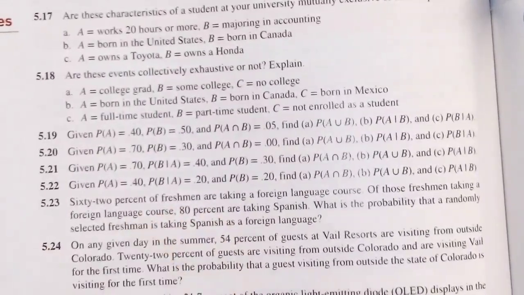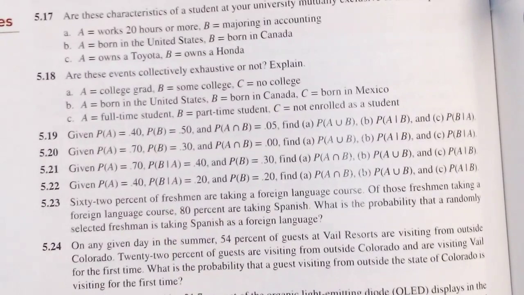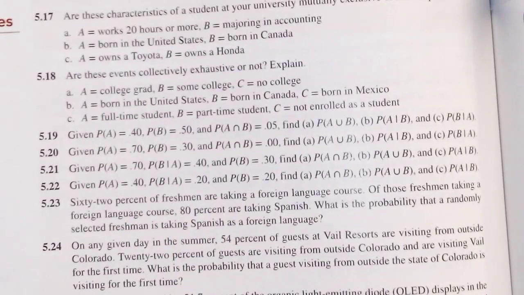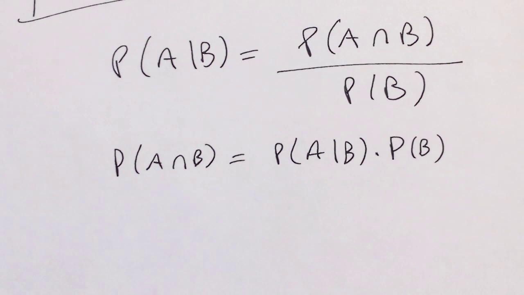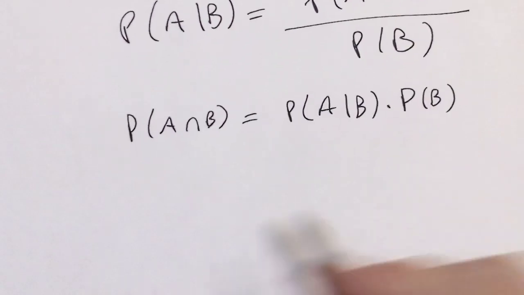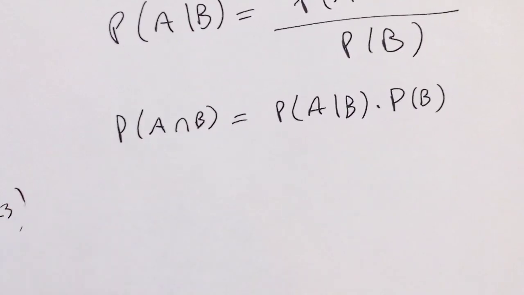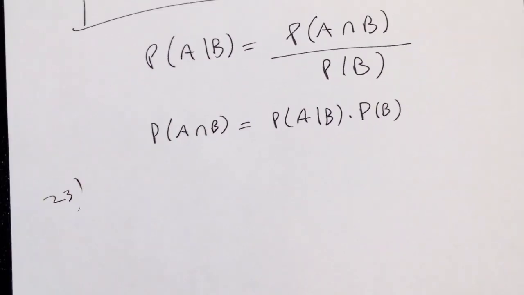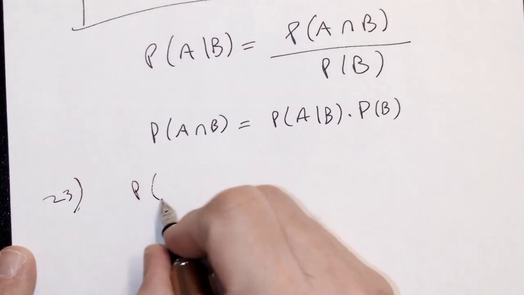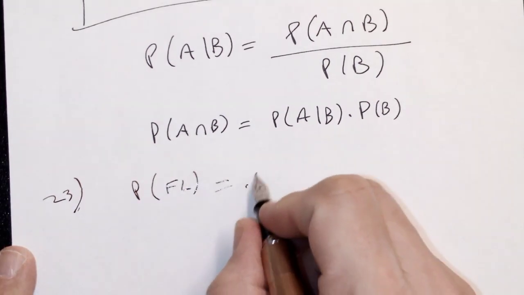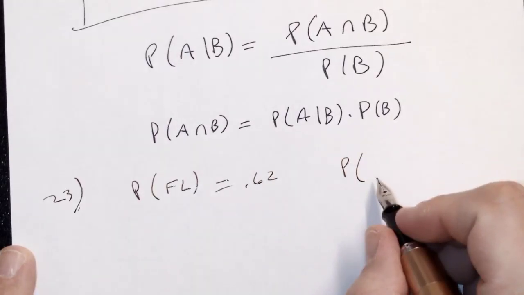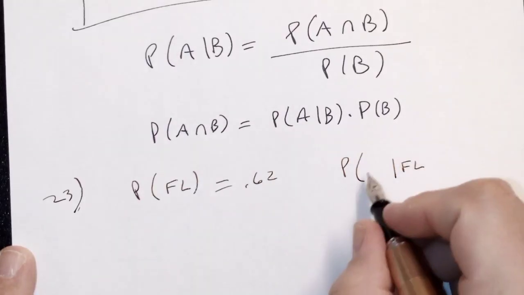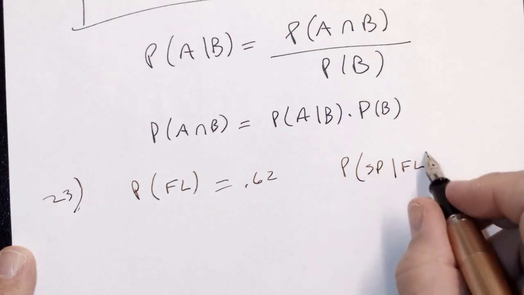So 80% of freshmen take Spanish, given that they are in a foreign language at all. And notice the order is important. So in this particular problem number 23, I can read this as the probability that a student is in a foreign language and the probability that if they are in a foreign language, then that foreign language is Spanish.